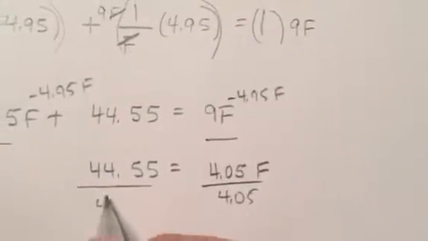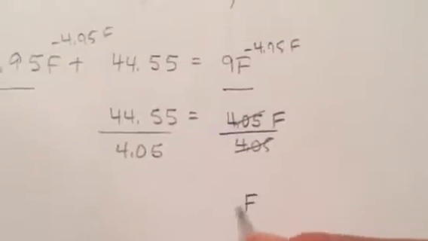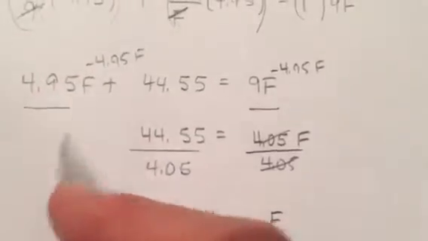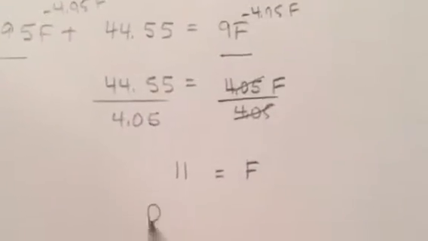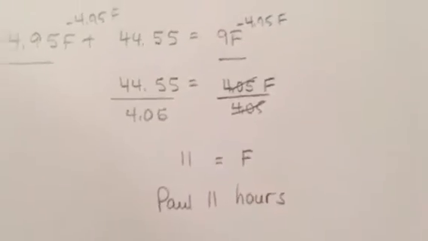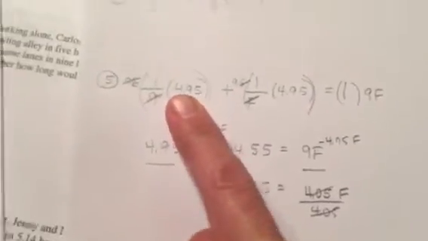So divide both sides by 4.05 and you get 11. That means it took Paul 11 hours to do the job alone. Thank goodness they worked together, because it only took them 4.95 hours.